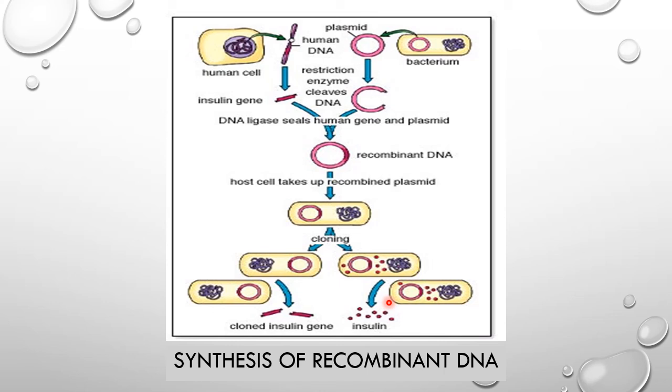Therefore, each clone of bacteria contains the gene of interest. The clone bacteria express themselves and make a product. The protein product can be separated from the clone bacteria, and the cloned genes can be isolated from the bacterial clone for further analysis.